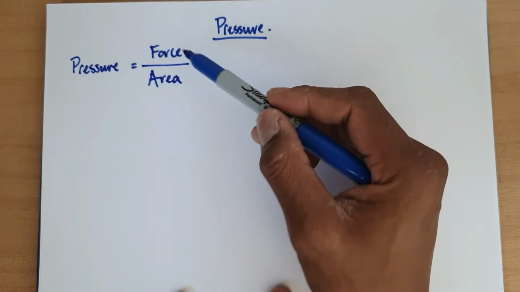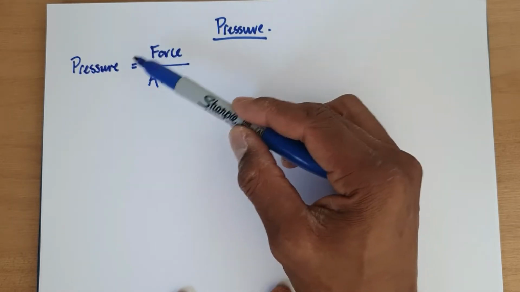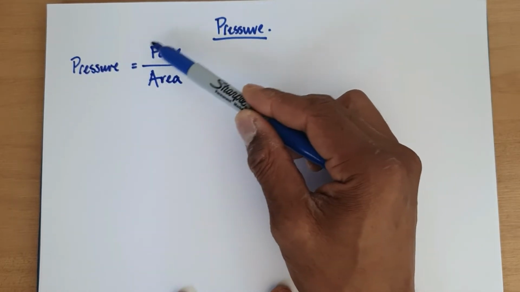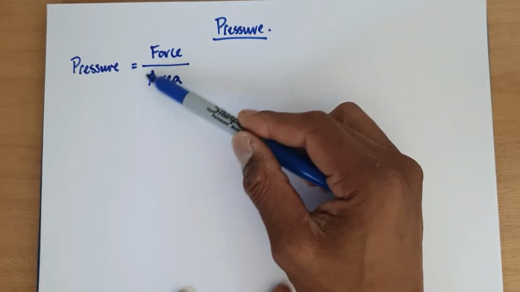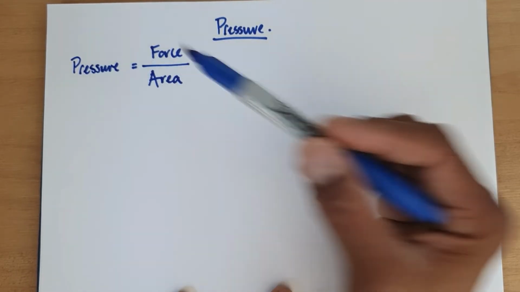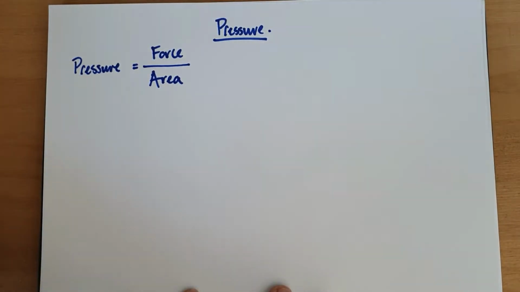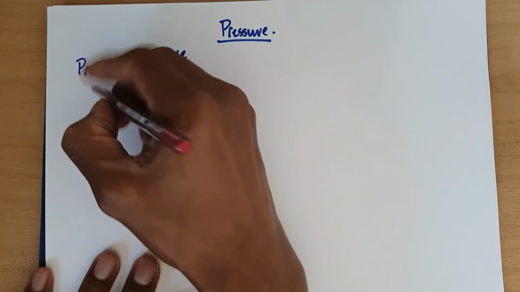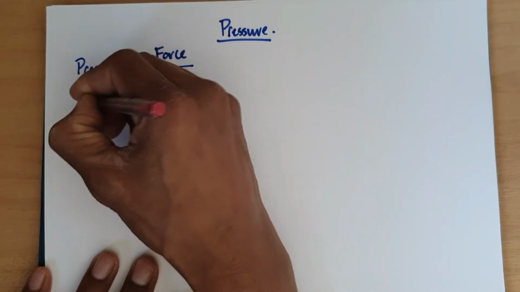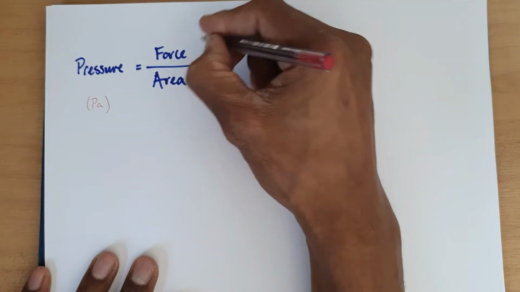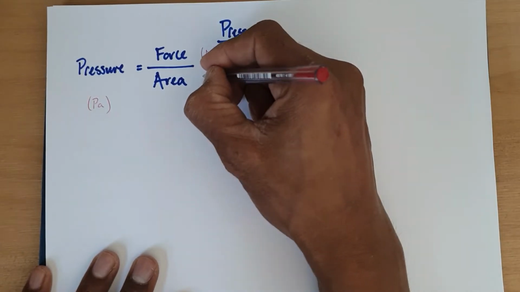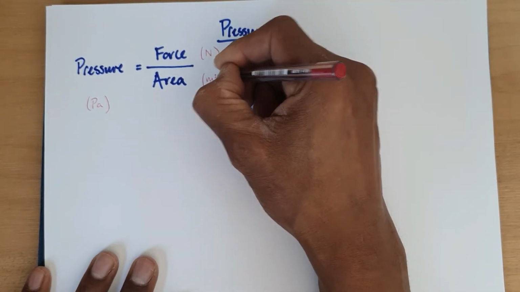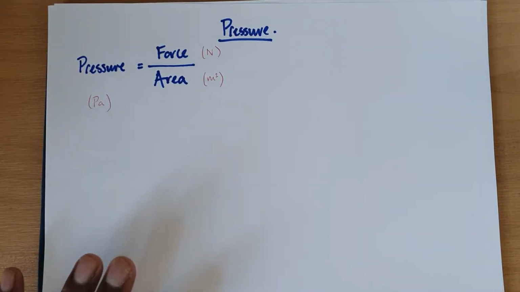So the basic idea in this equation is that the concentration of the force, or the density of the force upon the area, is the pressure. And pressure is measured in pascals. That's the SI unit. And hopefully you guys already know that the SI unit for force is the Newton, and the SI unit for area is meters squared.